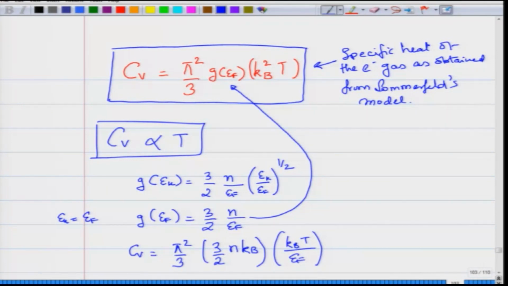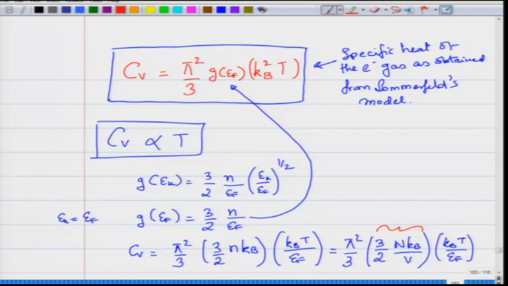This is the expression 3 by 2 n kB, where one kB I have taken and joined it with this, and this is kBT by Ef. Now, this is nothing else but pi square by 3 into 3 by 2 n kB by V, where n is the number of electrons and V is the volume, times kBT by Ef. What is this?